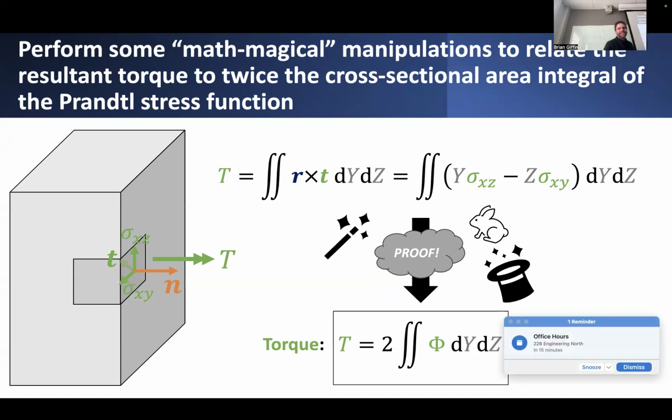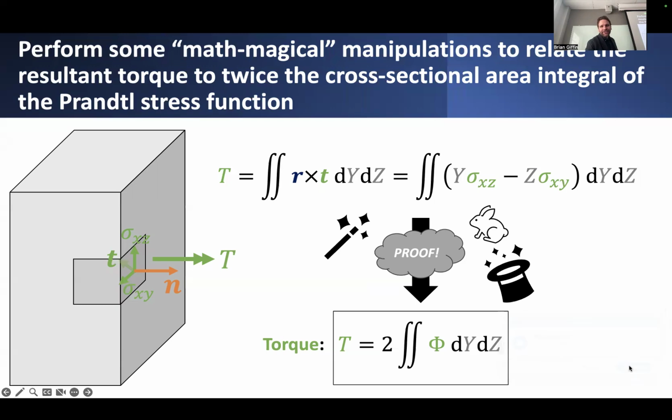We can reduce everything down instead to a double integral, basically an area integral over the section of the Prandtl stress function itself. So if you think of the Prandtl stress function as being like a bubble, the area underneath that bubble integrated over this cross section, or rather the volume underneath the bubble, is precisely equal to the torque, multiplied by a factor of 2.